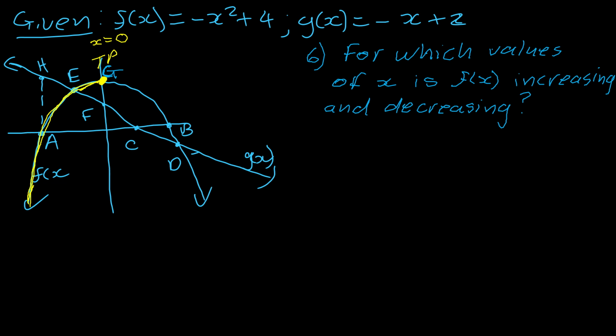So we can say that for all of our values of x smaller than 0, just before the turning point, your function is increasing in this case. And then once you reach the turning point, you'll notice the graph starts going down. And that would be for all of your x values bigger than 0. So in this case, you say for all of your x values bigger than 0, the function is decreasing.